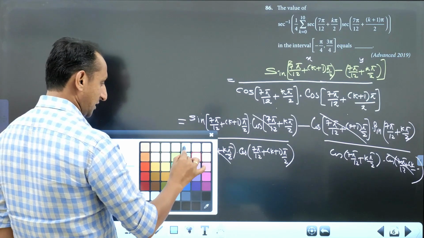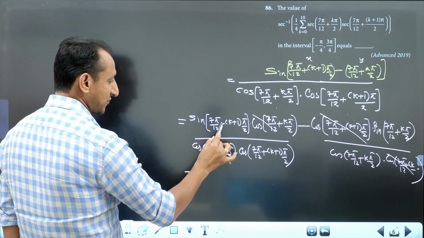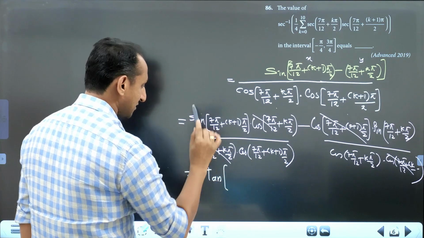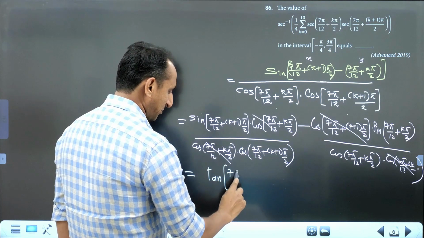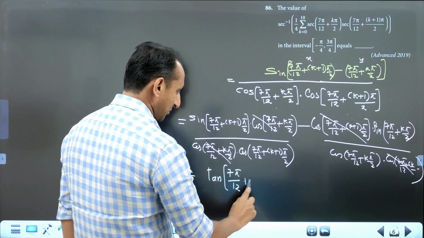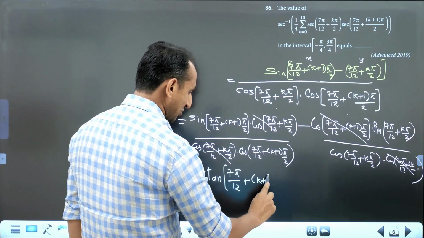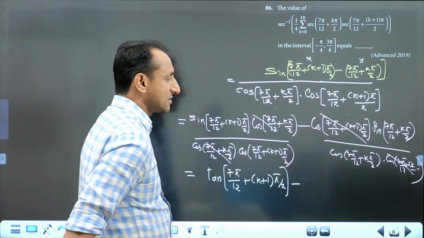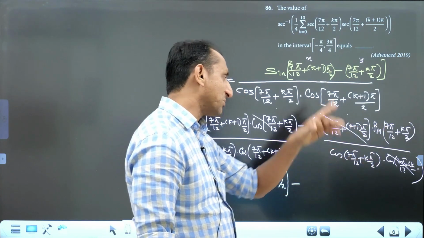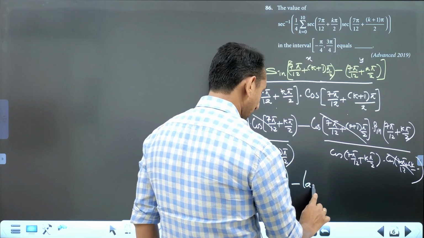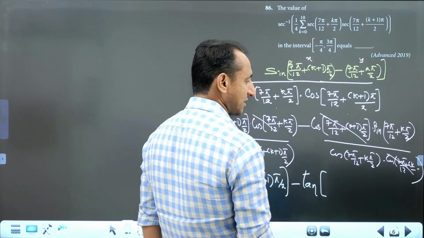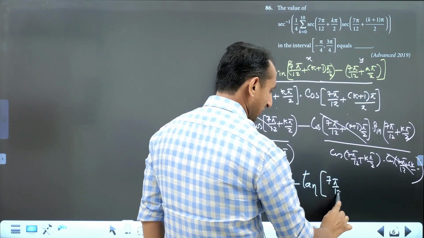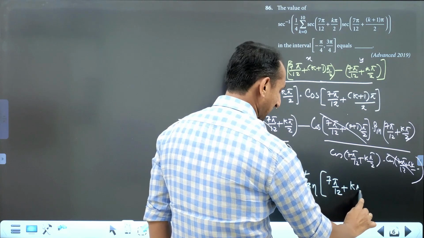Remaining, it becomes sin by cos, that is tan of 7 pi by 12 plus (k plus 1) into pi by 2, minus the other term, sin by cos, again tan of 7 pi by 12 plus k pi by 2.